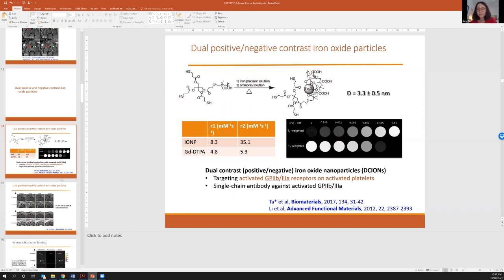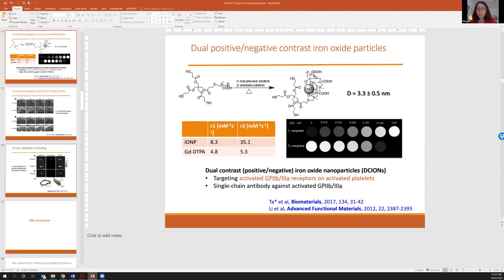Thanks. And just a final question. There was a question that asked, how does the body remove these nanoparticles? If you're doing this in vivo, how are the nanoparticles cleared from the body? We haven't investigated deeply into the mechanism of how the particles are eliminated out of the body.